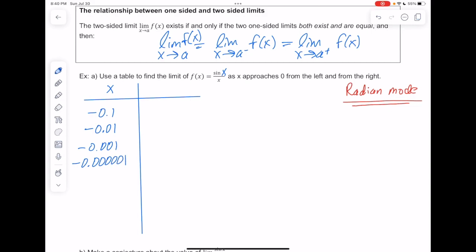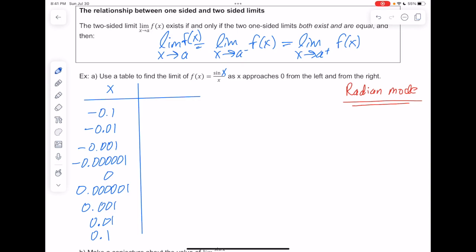And then we'll also look at 0 just to see what's going on there. And then we're going to approach from the other side too. So we'll do values just like we had up there, but positive ones, so that we're looking at approaching from the other side, or from the right. And then we'll see what all these different values give us.